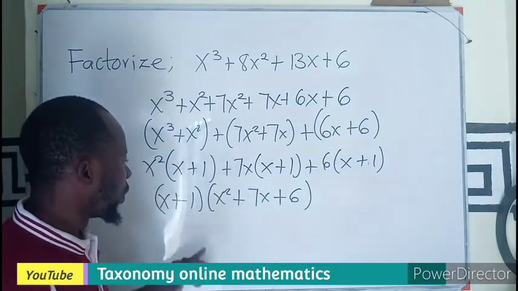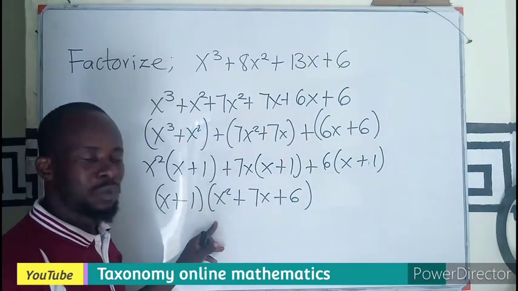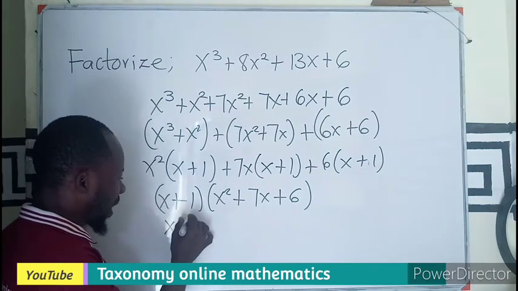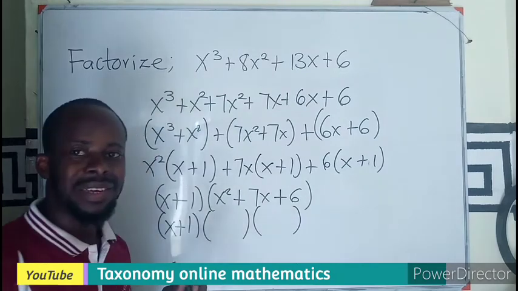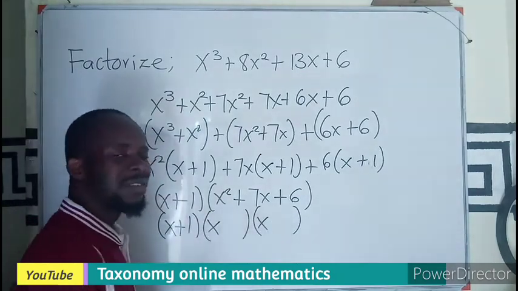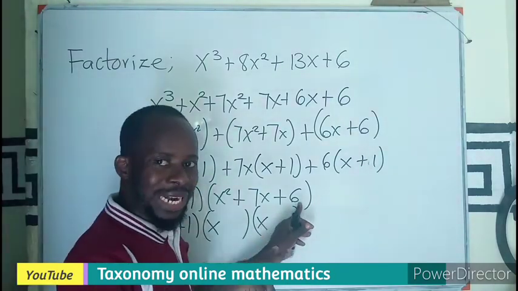So what do we do? This is the answer, but here is also a quadratic, so we need 2 answers from here. X plus 1, we need 2 answers. But don't forget x squared, so the first will be x, x. Now you find the factors of 6 that, when you add, you get 7.